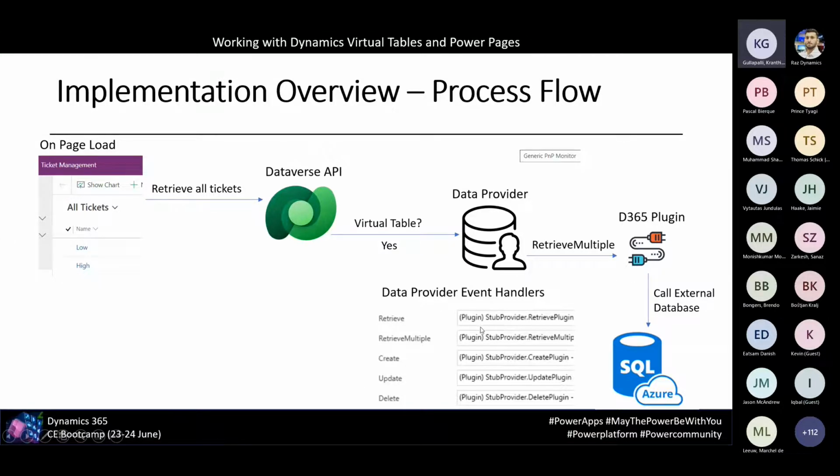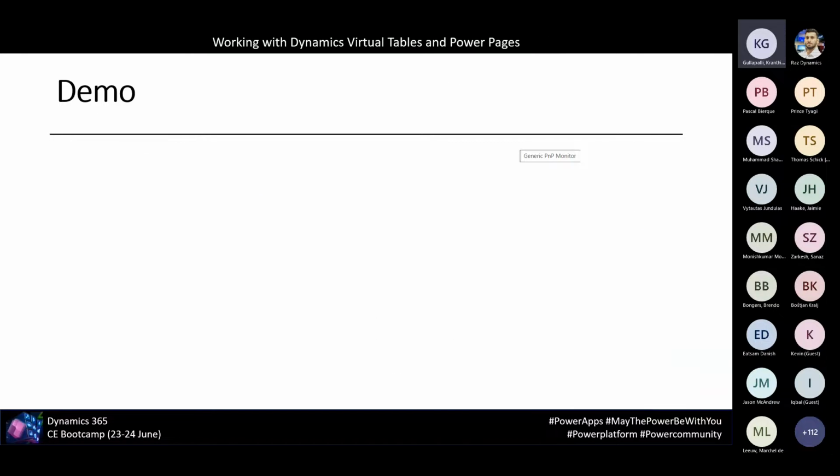For each of these events, we are going to create a plugin. In this plugin, we will have the code to communicate with SQL Azure, or it could be Oracle or any other external storage. So this is the entire implementation overview, and with this, we are going to jump into the demo.